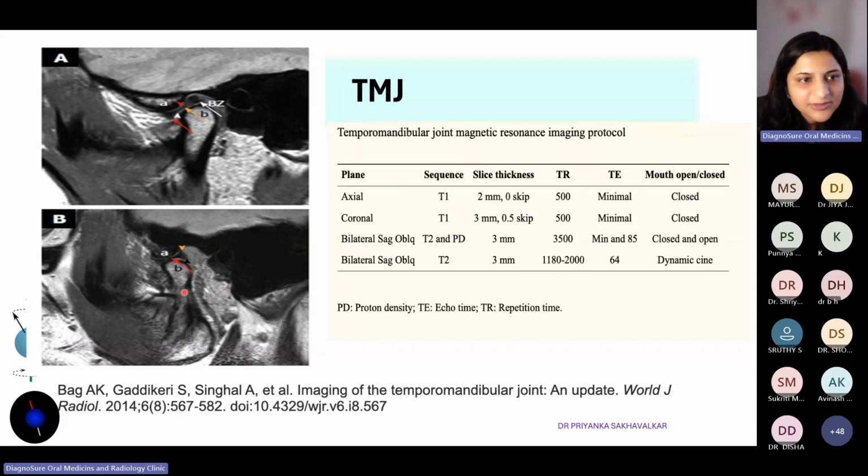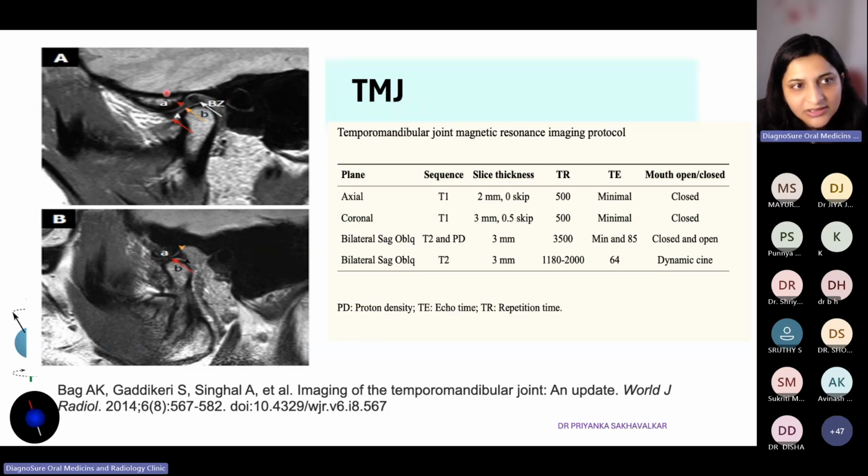It becomes a thinner intermediate disc, and this changes its position. So this is the articular eminence, and this is the head of the condyle. This is the closed mouth position. When the mouth is opened, this condyle moves forward. This is the head of the condyle, this is the articular eminence, and this is the disc, which is positioned in between the two.